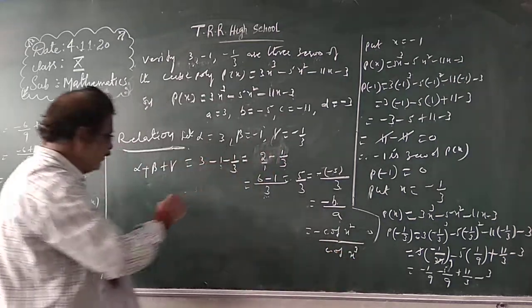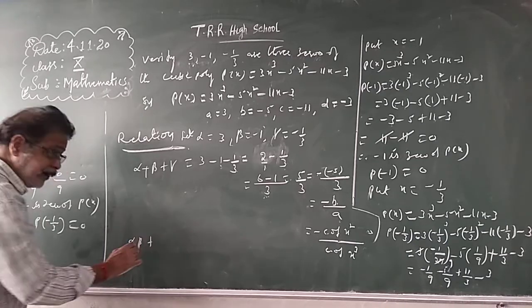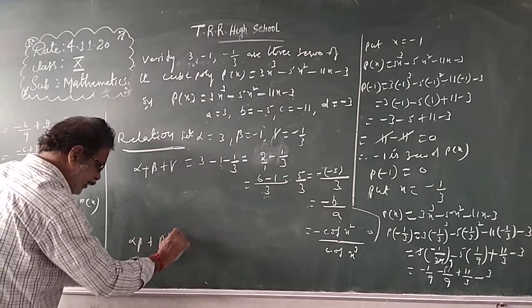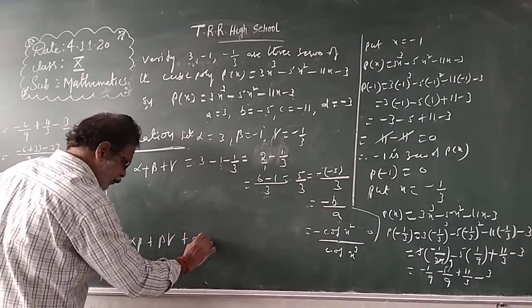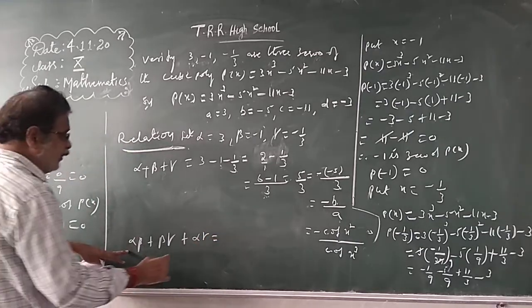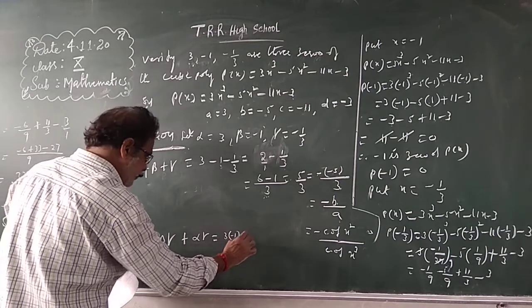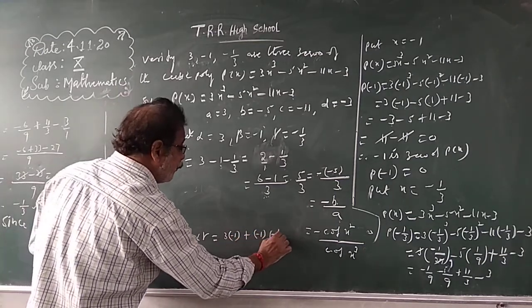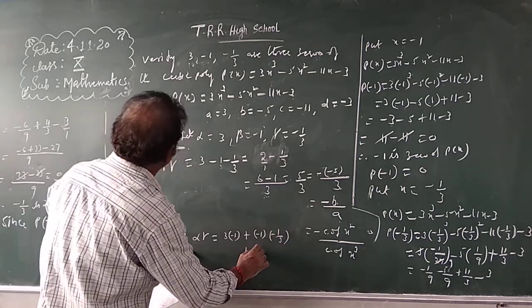We verified this. Now, the sum of the product of any two zeros: alpha beta plus beta gamma plus alpha gamma. Alpha is 3, beta is minus 1, gamma is minus 1 by 3.